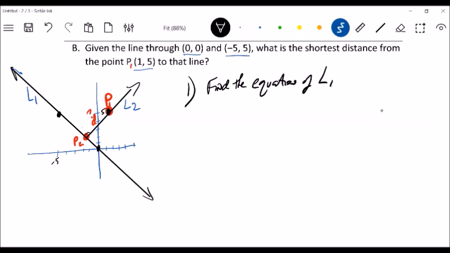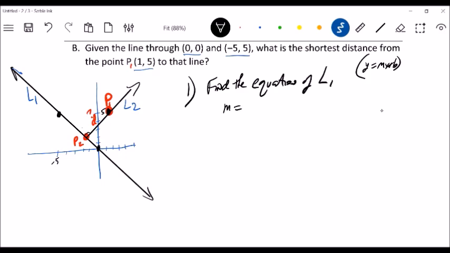All right, we'll put this into y equals mx plus b form. We could use the point slope form instead of the slope intercept form, but I'm going to use the slope intercept form for this. So the first thing we need to do is find the slope.